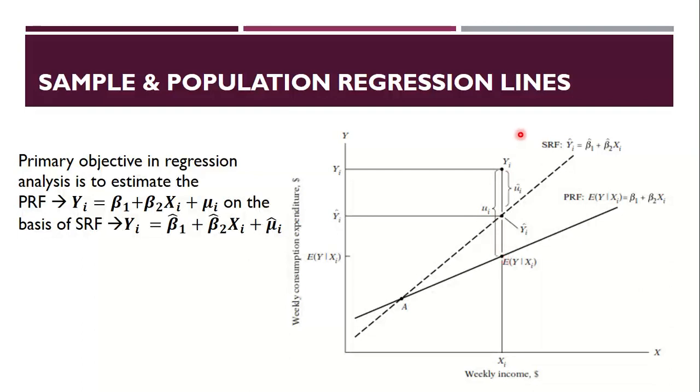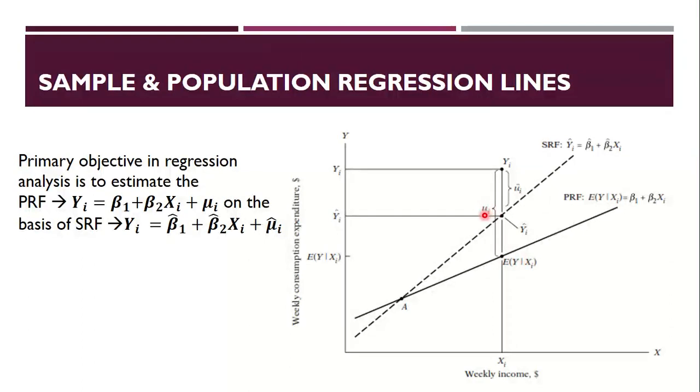This is the value for yi, that is the expected value of y plus mu i. But for the sample, yi is equal to yi hat plus mu i hat, that is the residual, and for the population regression function, yi is equal to the expected value of y given xi plus mu i.